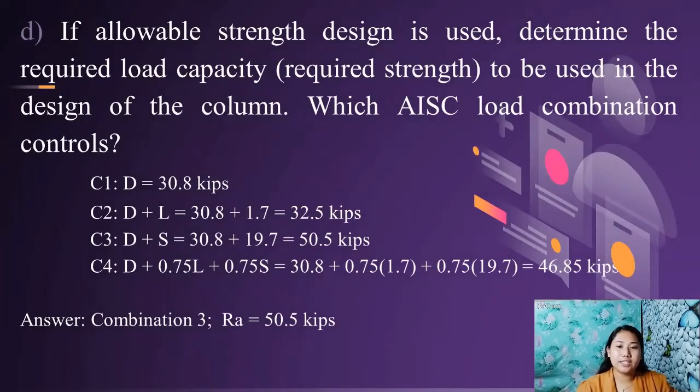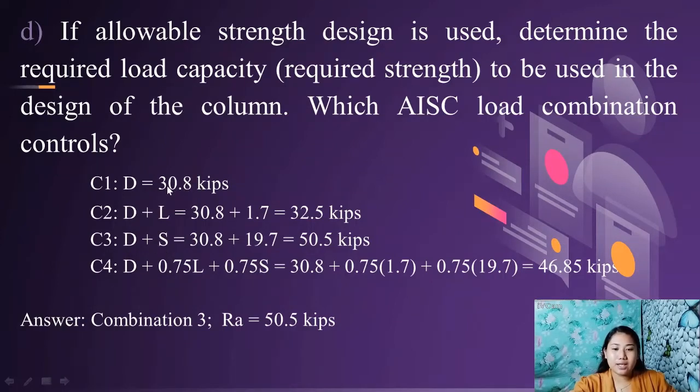Then letter D. If allowable strength design is used, determine the required load capacity, required strength, to be used in the design of the column. Which AISC load combination controls? We now use ASD, Allowable Strength Design.